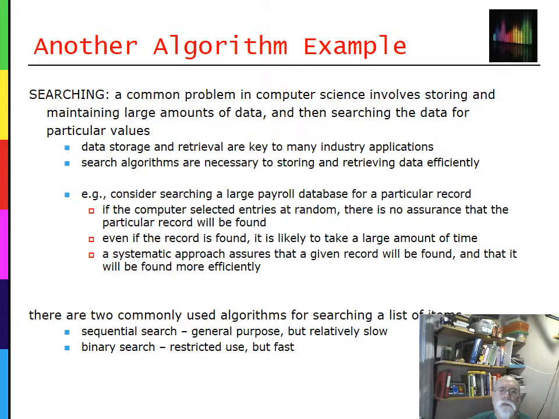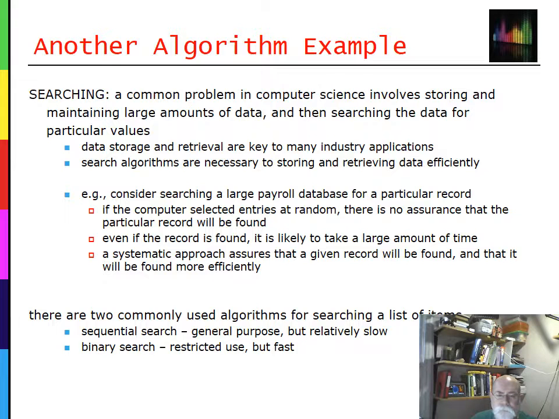So in searching, a common problem involving storage and maintaining large data records, we're dealing with huge data records nowadays, and it's not going to go away. So it's going to become bigger.